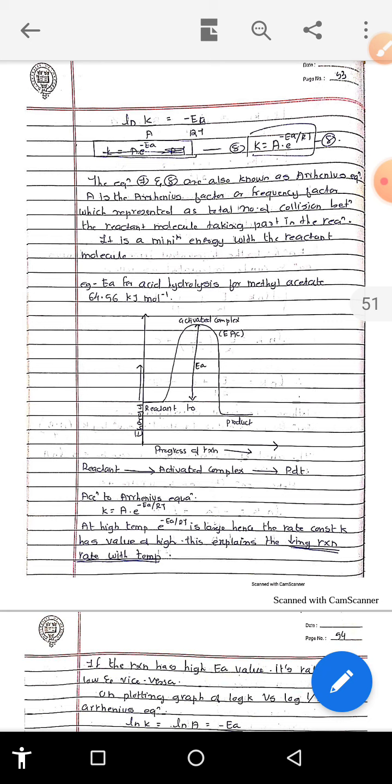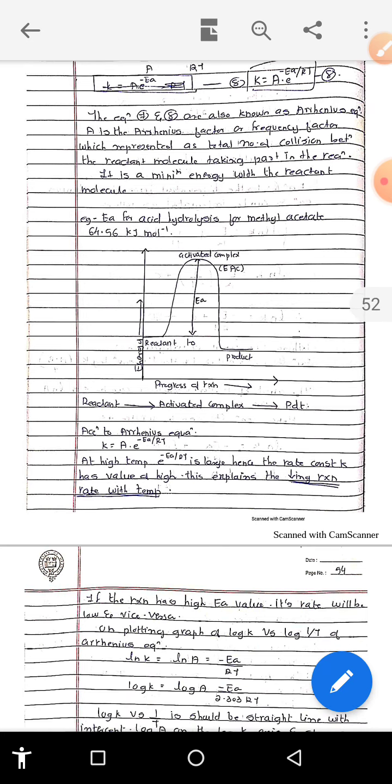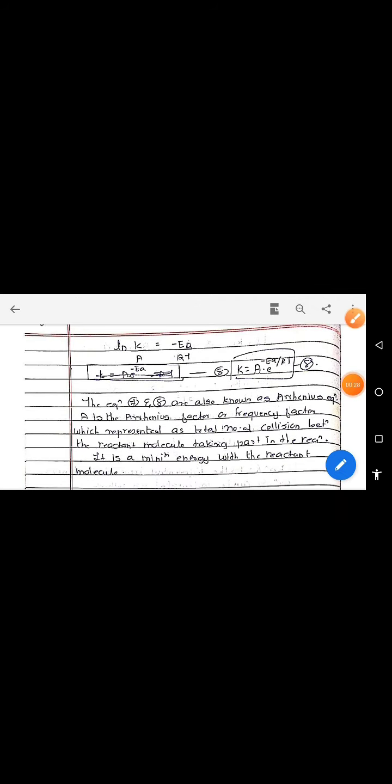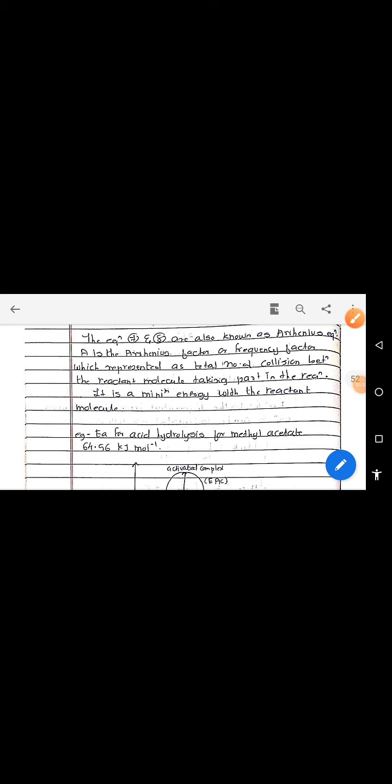In the last lecture we studied up to the Arrhenius equation, k is equal to A into e to the power minus Ea divided by RT. This is the Arrhenius equation.